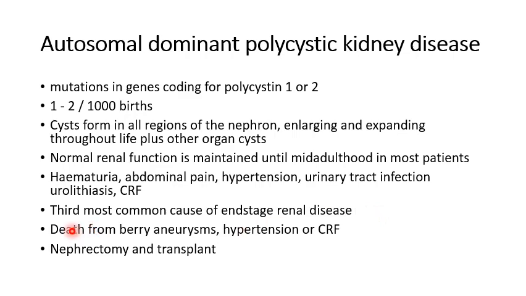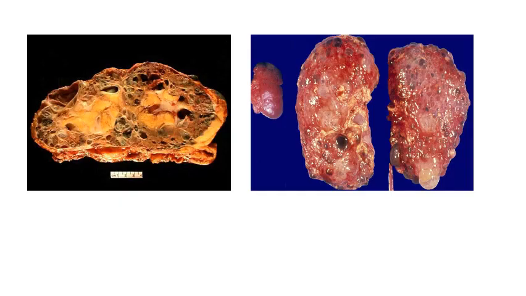Significantly, these patients also have an association with berry aneurysms in the circle of Willis, and oftentimes these rupture and these patients can succumb from subarachnoid hemorrhage. So it's important to recognize that in these patients. As I say, they often come forward for nephrectomy, often bilateral nephrectomy, and renal transplantation. So these are kidneys affected by polycystic kidney disease.